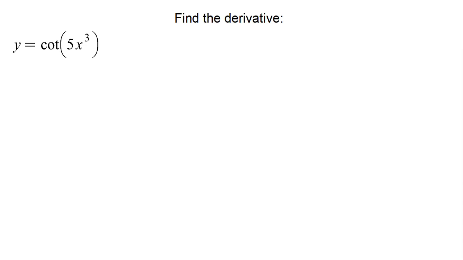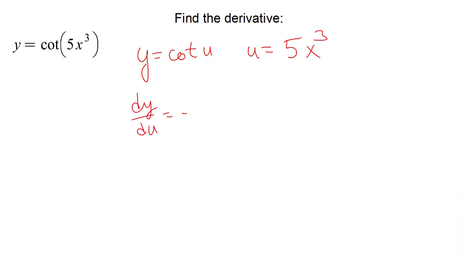For number 5, we've got the cotangent of 5x cubed. So once again, this is just going to look like y equals the cotangent of u, where u is 5x cubed. We should know the derivative of cotangent is negative cosecant squared. So we've got dy/du equals negative cosecant squared u.